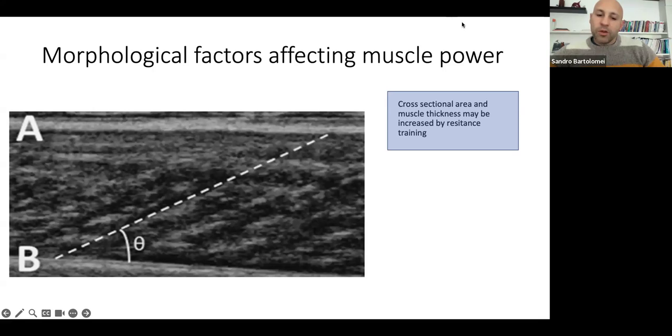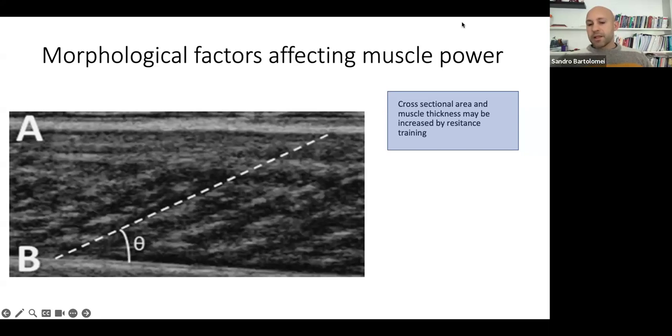But working out for power and with resistance exercise changes some of the morphological characteristics of the muscle. Do you remember what the main characteristics are that can be measured with muscle ultrasound? We talked about that. So one of the most important is the thickness of the muscle.